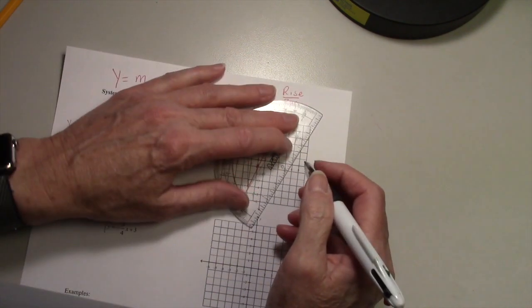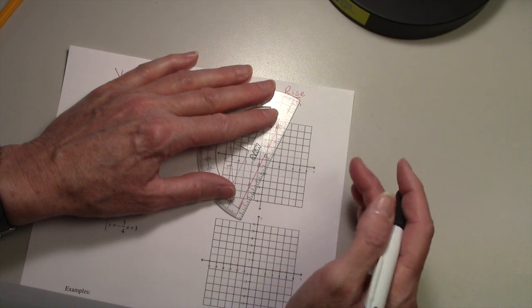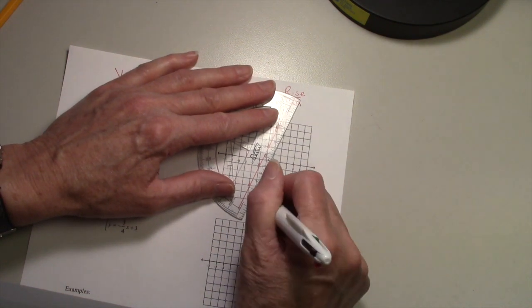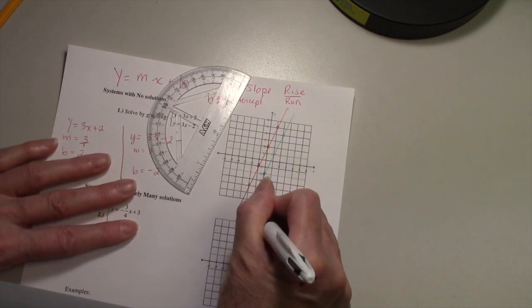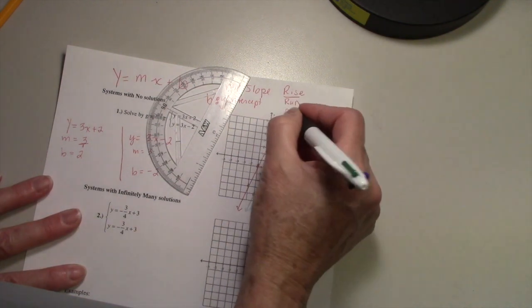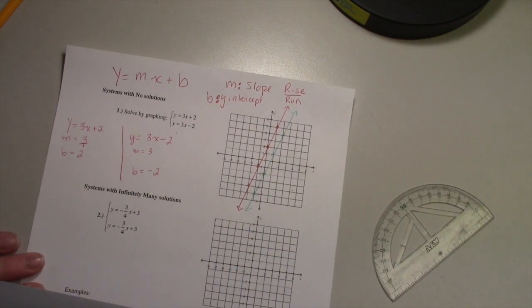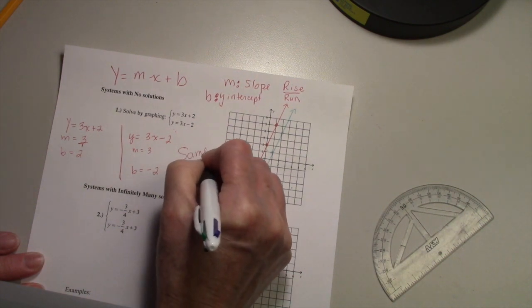Notice the line is going to be right alongside it. It's got the same slope, therefore it is parallel. There we go. They are parallel lines. They have the same slope. Got it? Same slope, parallel.